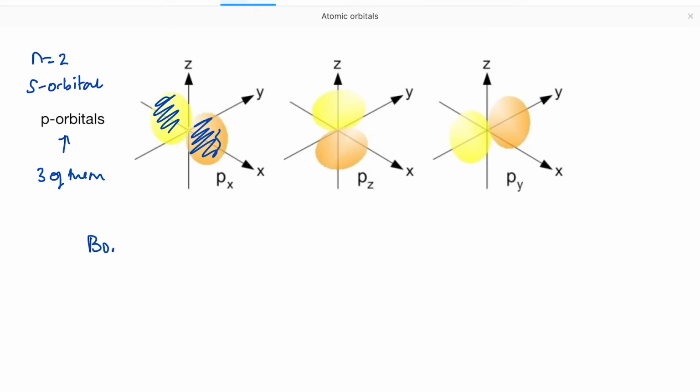Okay, so boron has got 5 electrons. Of those 5 electrons, I know that the first 2 are going to be in the 1s orbital, and they are spin paired. So we're filling up our orbitals from the nucleus out. My second 2 electrons are going to be in the 2s.